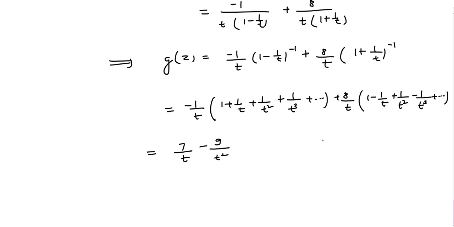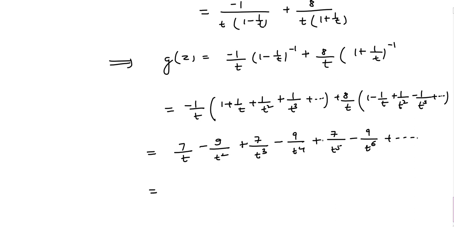Here will be negative 1 by t cube plus 8 upon t cube, that is plus 7 upon t to the power of 3, negative 9 upon t to the power 4 plus 7 upon t to the power 5 negative 9 upon t to the power of 6 plus dot dot dot.